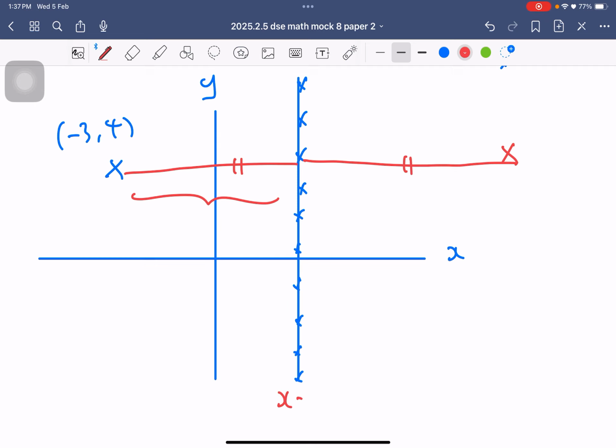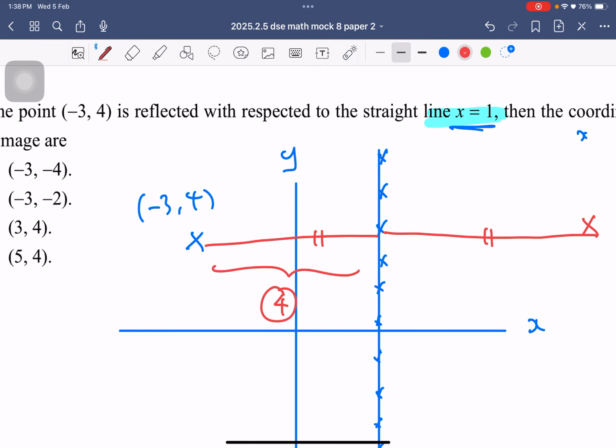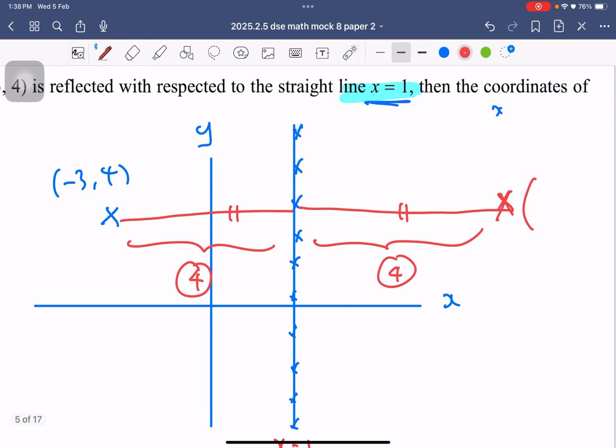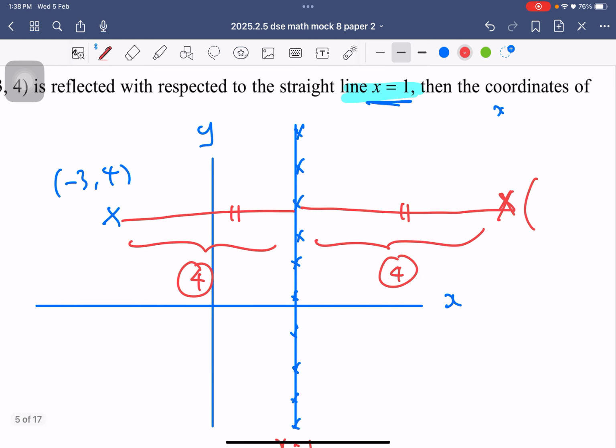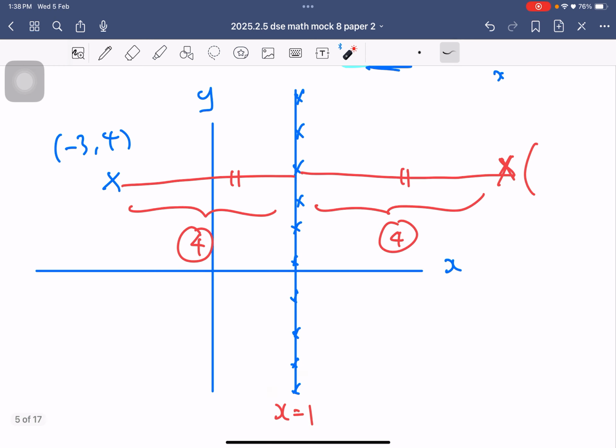This is x equal to 1. Then what is the distance between this point and this line? 1 minus negative 3, exactly. So it's going to be 4. As the distance here is 4, the distance here is 4 as well. So the x coordinate of the new point is 1 plus 4, which is 5.